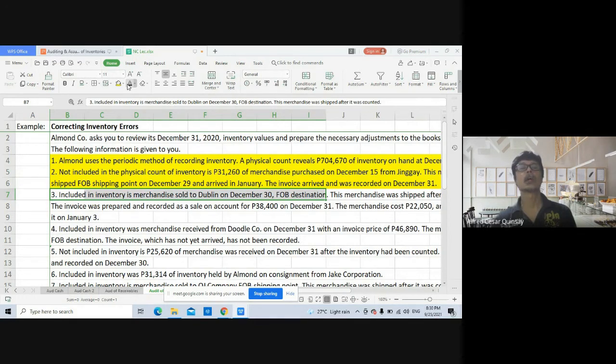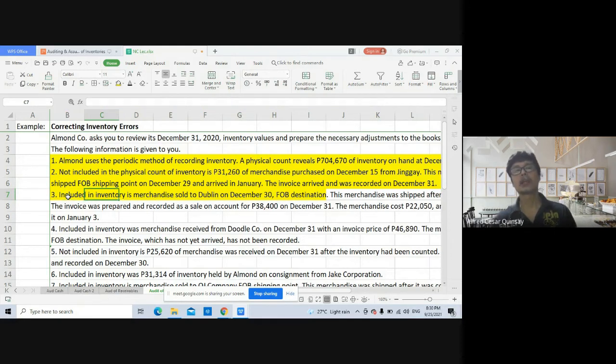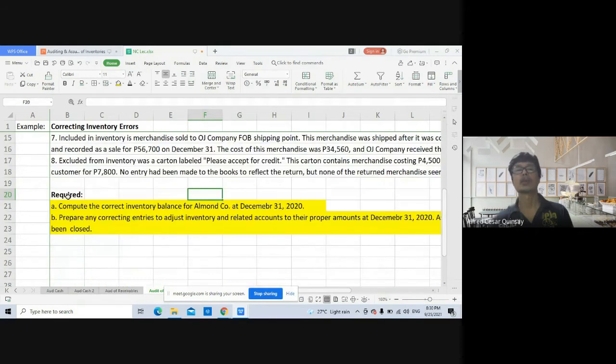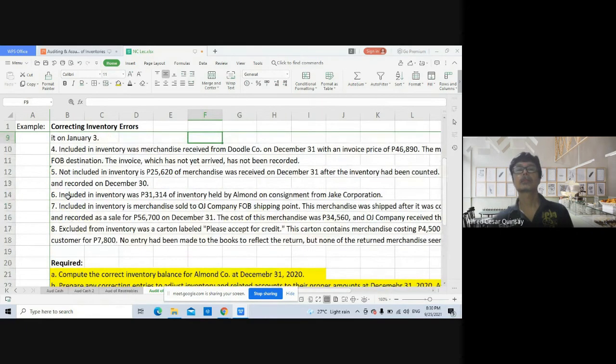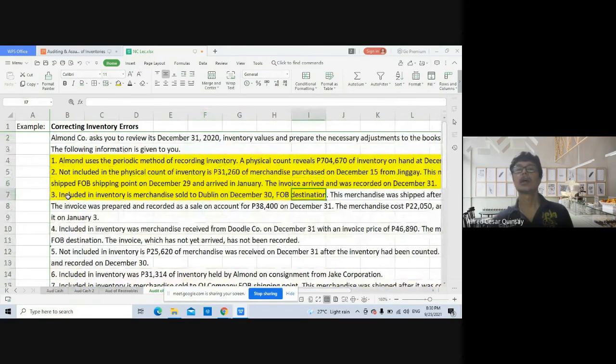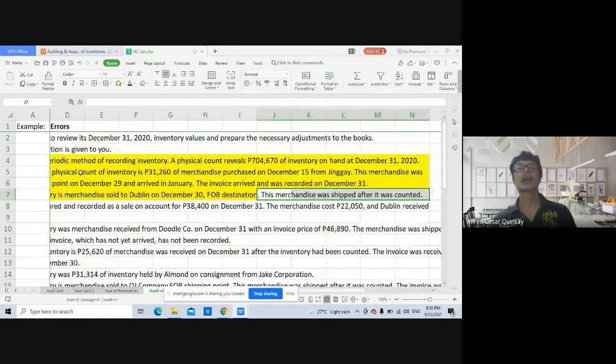Notice this. When we say destination, it must first reach our buyer before we remove it from our inventory. So it is still included in our inventory. This merchandise was shipped after it was counted.